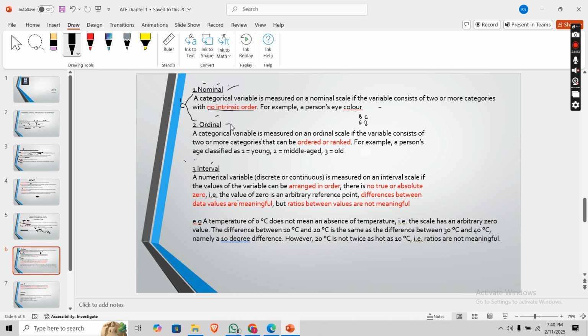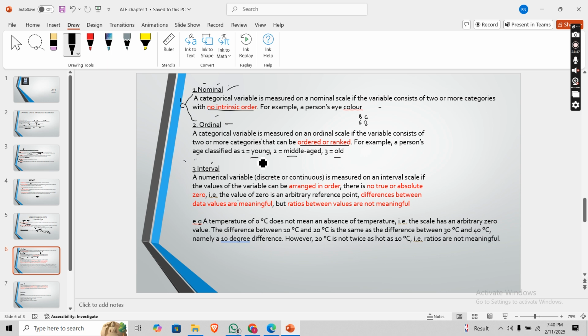Contrary to that, we have the ordinal scale. We also use the ordinal scale to measure categorical data. So when do we use the ordinal scale instead of the nominal scale? We use it if the data can be ordered or ranked. If there is a specific order in which my data follows, then I use the ordinal scale. An example would be when a person's age is classified as young, middle-aged, and old.